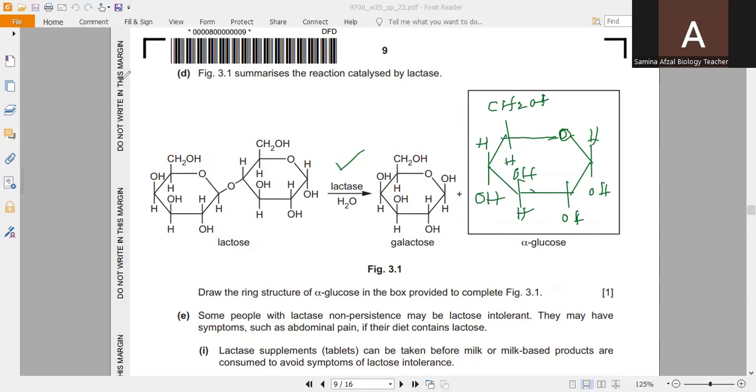So this glycosidic bond will break down, due to which there will be the formation of galactose and alpha glucose.